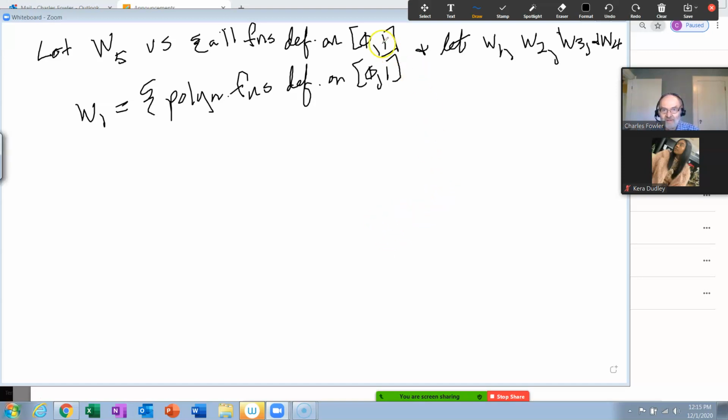Okay, I forgot to close off both of my braces here. Now, polynomial functions are certainly functions. So this is a subset of that. W2 is a set of all functions that are differentiable on 0 to 1.